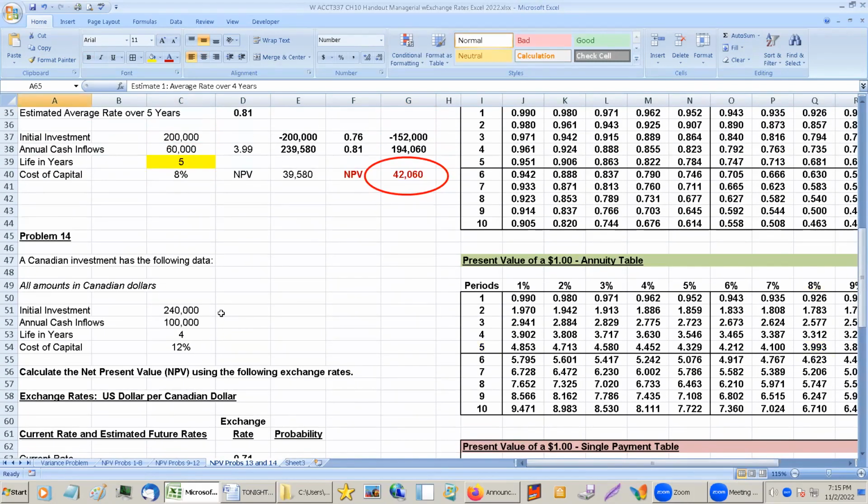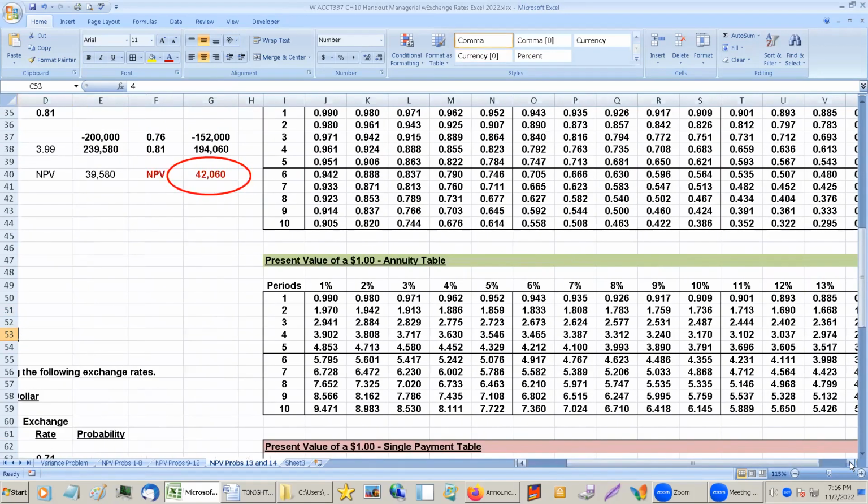Okay, down here's a similar one. 4 periods, 12%. This will be annuity. $3.37.